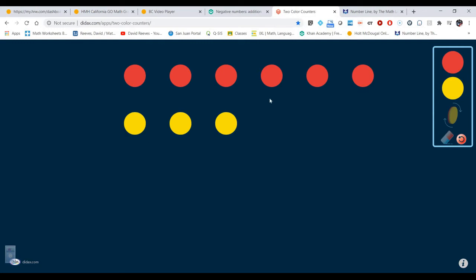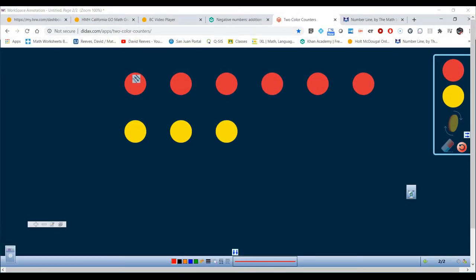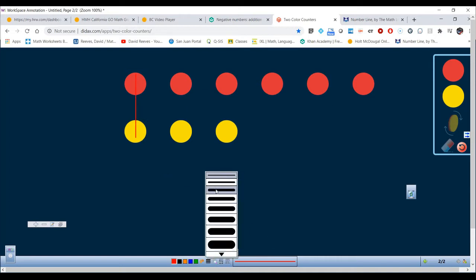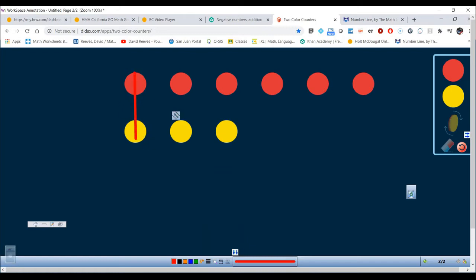Now, what do we have right here? We have a zero pair. That cancels that out. I'm going to make this a little bit wider so we can see it better. So that cancels out, that cancels out, that cancels out. What do I have? I have 3 zero pairs.